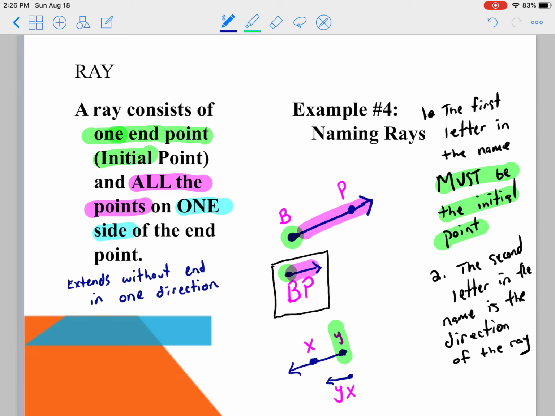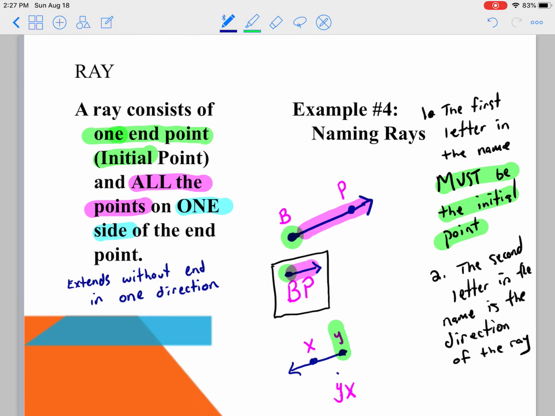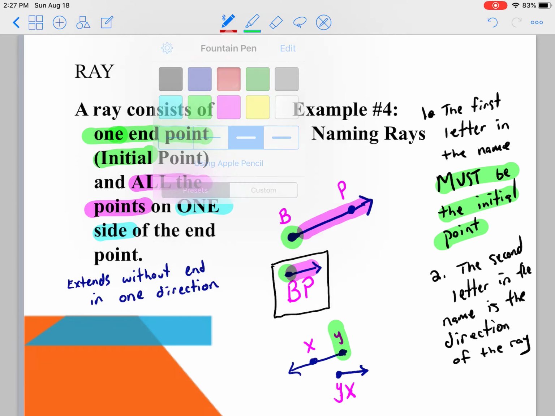That is incorrect. What you are going to do is use the exact same notation on all of our ray names, putting the initial point first and putting the point above it, and then the arrow will always move to the right.